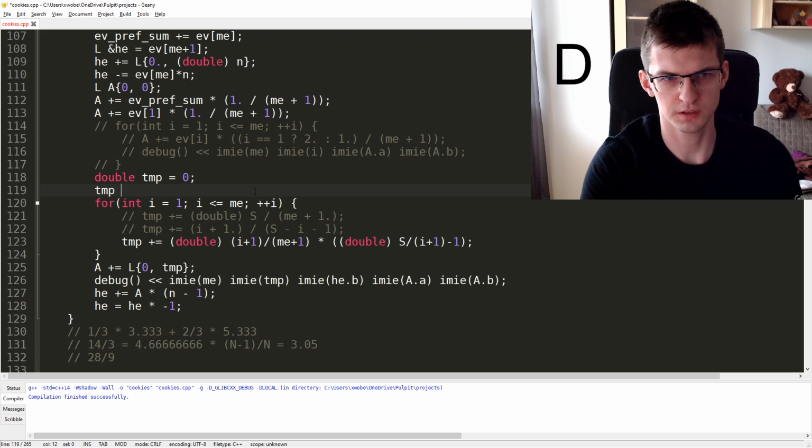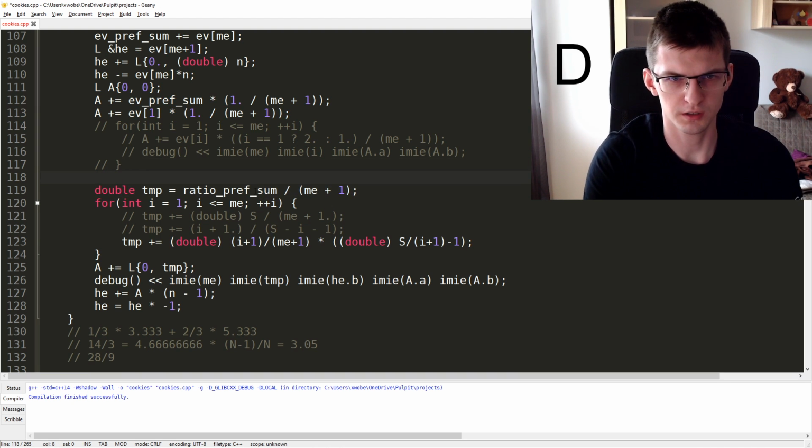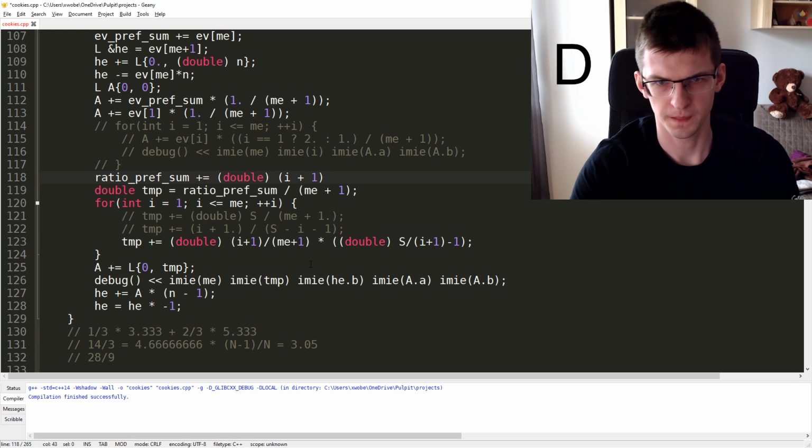What if I just do tmp plus equal, or tmp is equal to pref ratio, the prefix sum of ratio, the moment earlier we do this, and times this.